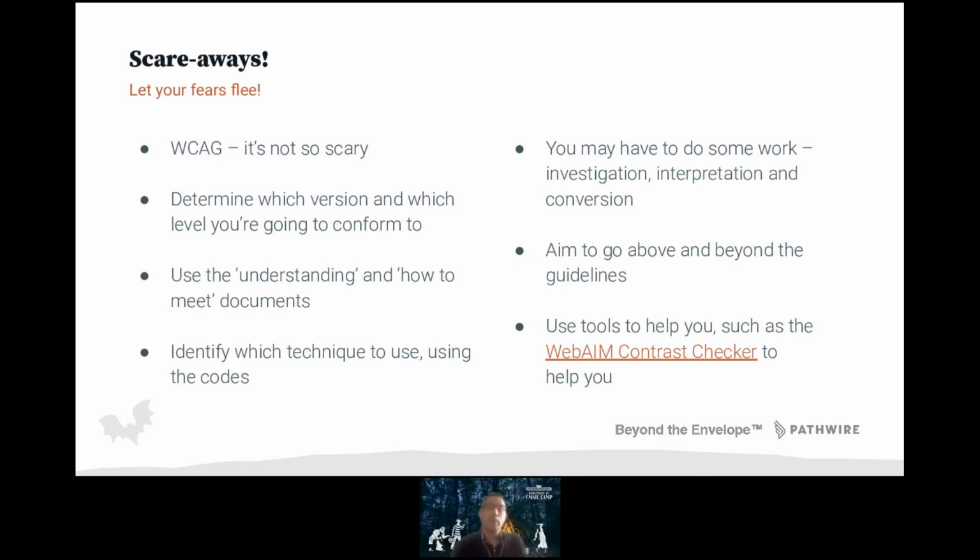Identify the appropriate technique to use. For email, it will be mostly general, HTML, CSS, and sometimes ARIA. Yes, you may have to do some work, some investigation, some interpretation, and some conversion. But above all, whatever you do, aim to go above and beyond the guidelines and use tools like WebAIM's Contrast Checker to help you.